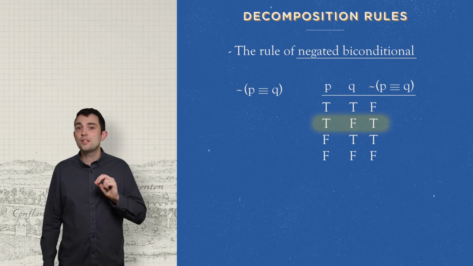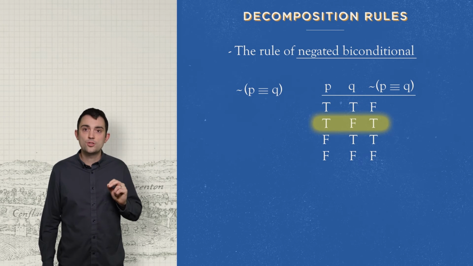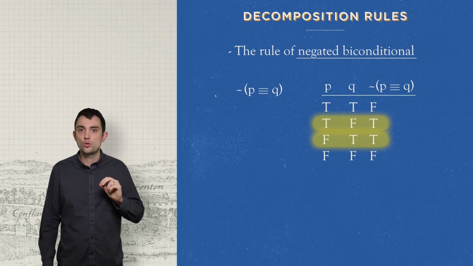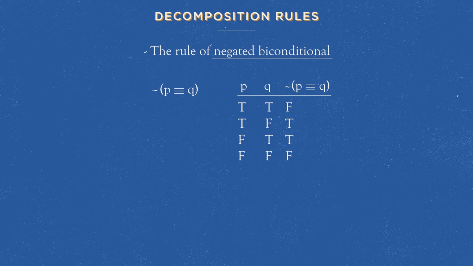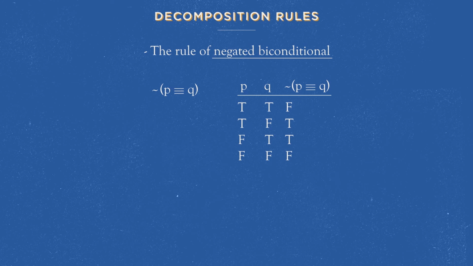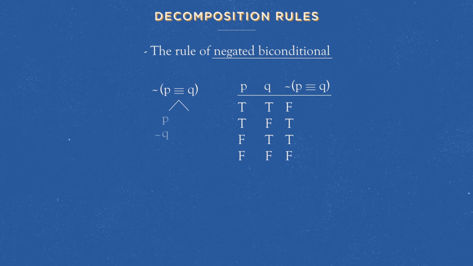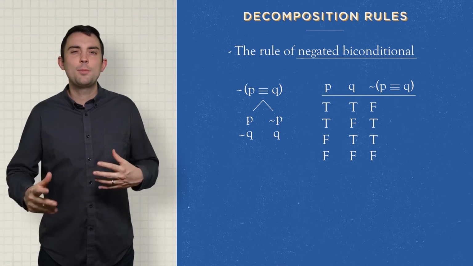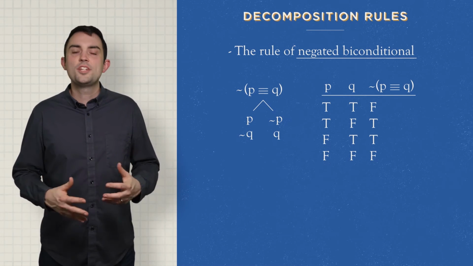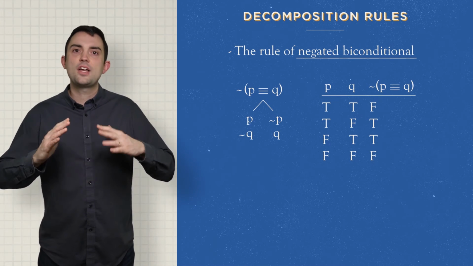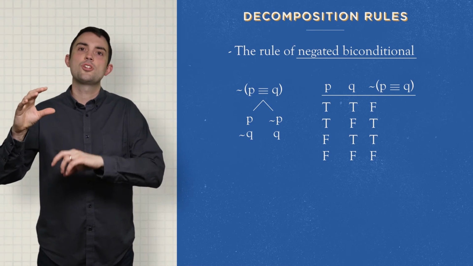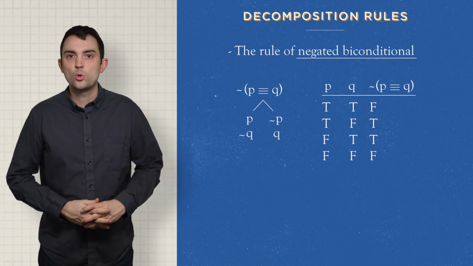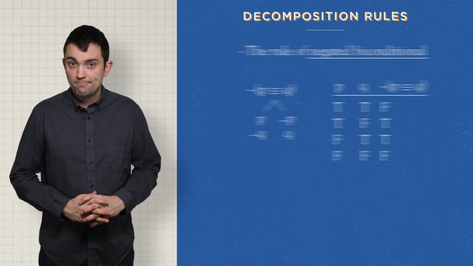It's true when P is true and when Q is false, or when P is false and Q is true, those two middle rows of the truth table. So the negated biconditional, not P if and only if Q, decomposes into P and not Q, or not P and Q. Take a moment to think about what we're doing right now. With the negated biconditional, we branch and it's either the first proposition and the negation of the second, or the negation of the first proposition and then the second. That's the rule for a negated biconditional.